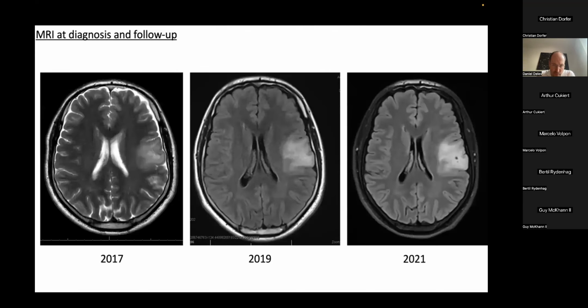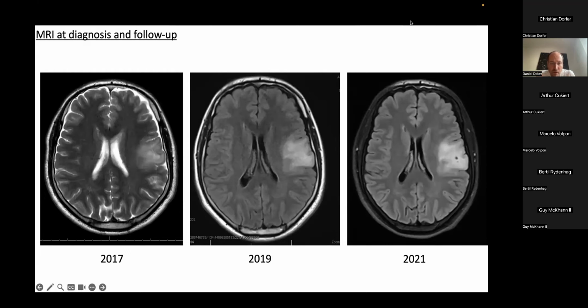Of course, we did an MRI scan, and these are the MRI scans, also showing the follow-up from 2017 until 2021. You see this lesion, which is in the bottom of the precentral and postcentral gyrus, and looks very much like a low-grade glioma.